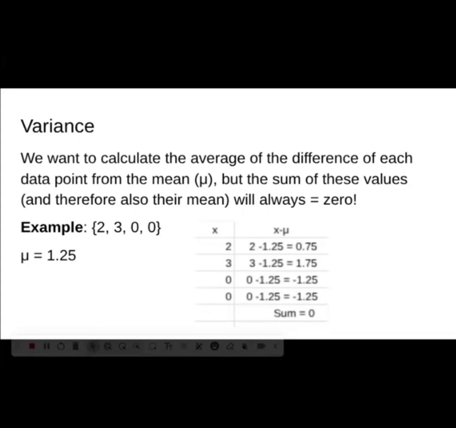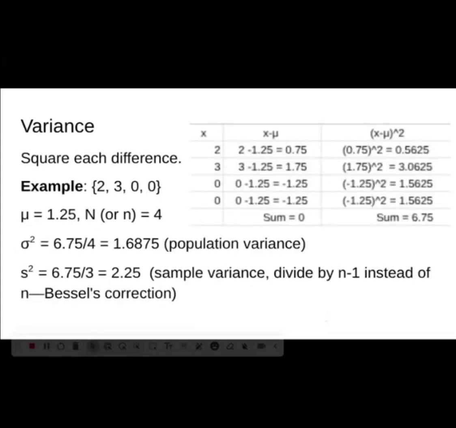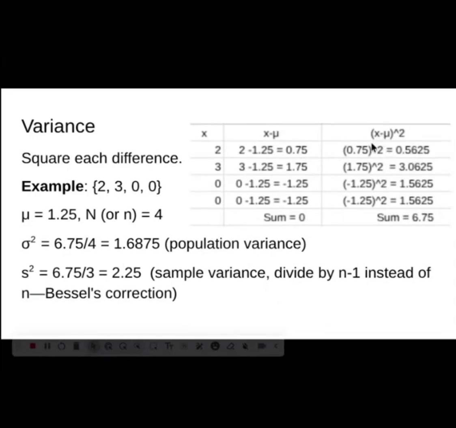So what measure could you use for an average deviation from the mean? We could square each deviation. That will turn any negative into a positive. Now in our example, the sum of the squared deviations, so 0.75 squared, 1.75 squared, negative 1.25 squared, negative 1.25 squared, you sum it all up, is 6.75.